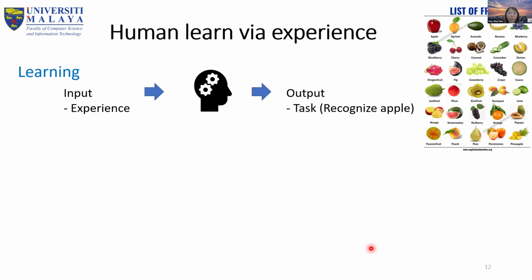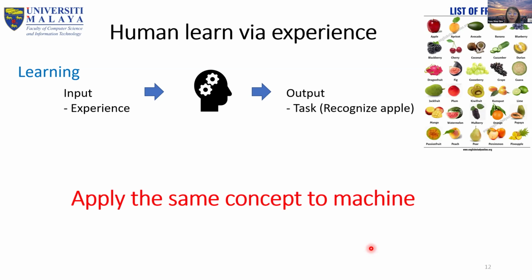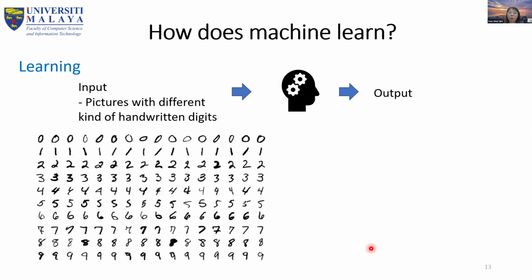So we're going to apply the same concept to machines, where we give them a bunch of different examples. For example, this is the very famous MNIST dataset, which consists of different kinds of handwritten digits. You can see that these are zeros, but zero can be written in various forms depending on the person. And this is a 1, 2, 3, right?